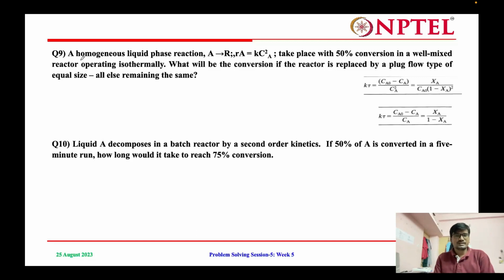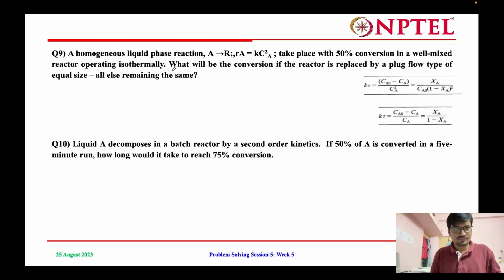Question 9. A homogeneous liquid phase reaction A gives R, rate equal to K C square, takes place with 50% conversion in a well-mixed reactor operated isothermally. What will be the conversion if the reactor is replaced by a plug flow reactor of equal size, all else remaining the same?